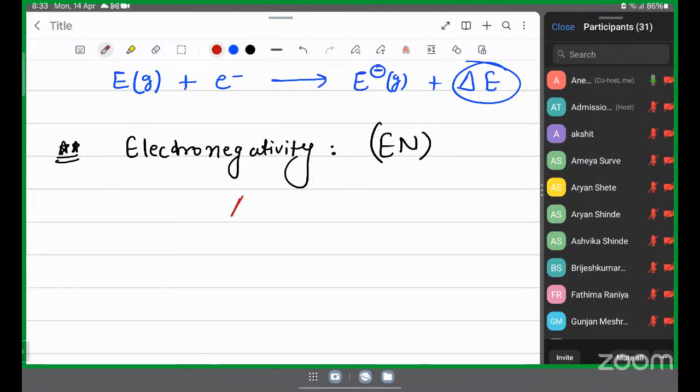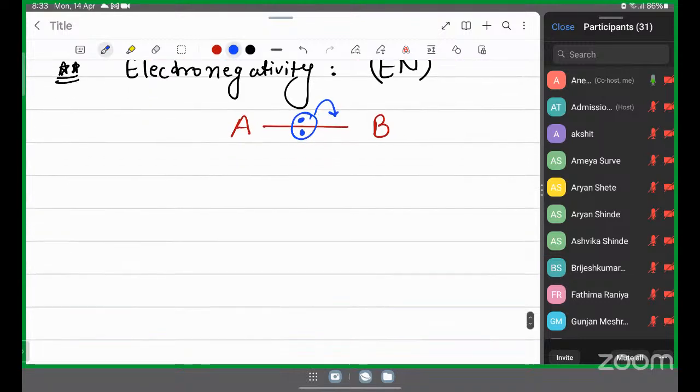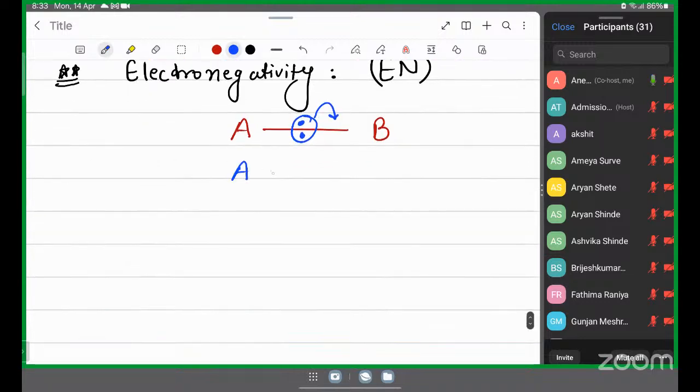If we have atom A and atom B, then one of the atom A or atom B, according to their strength, will try to pull these electrons towards themselves. In that case, electron will be shifted towards one of the atom.